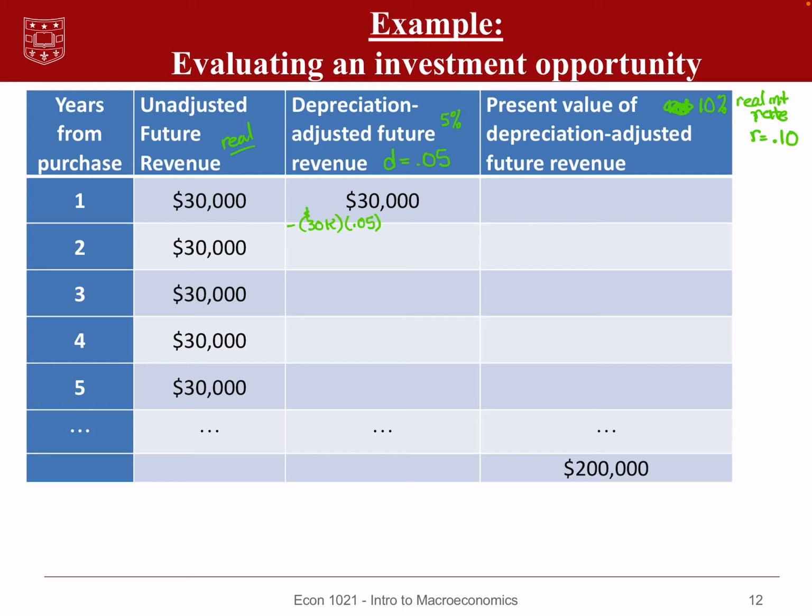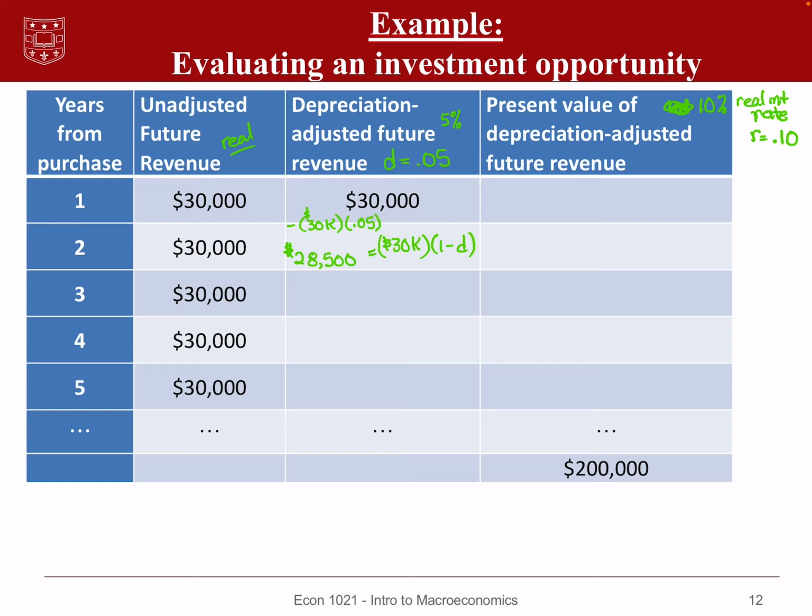And the number that we would come up with here is $28,500 as the year 2 revenues. And again, what is this? This is the $30,000 times 1 minus the depreciation rate.